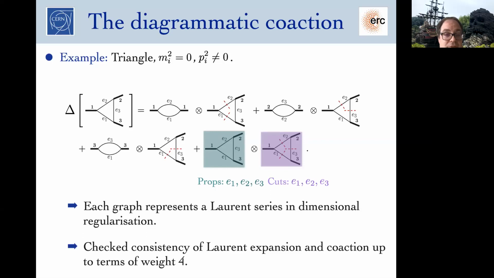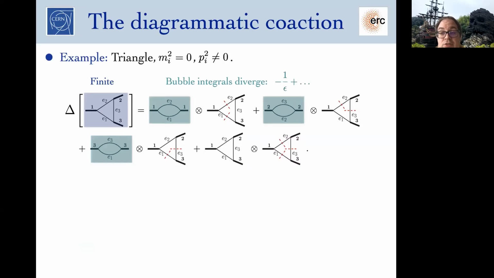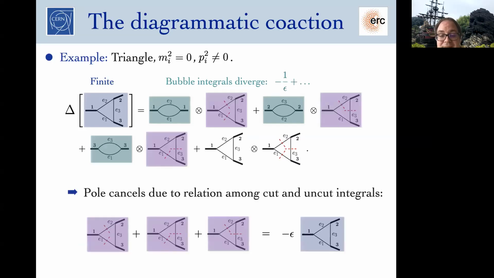And the last thing which I want you to appreciate is the following. This integral is finite. Because all the external legs are massive, this thing is finite. These things are divergent. They start with 1 over epsilon. So you would think, well, how can this ever be true? And the reason is that there is this relation that says the sum of all double cuts, in this case there are no single cuts, they all vanish because propagators are massless, is equal to the full integral up to another epsilon.